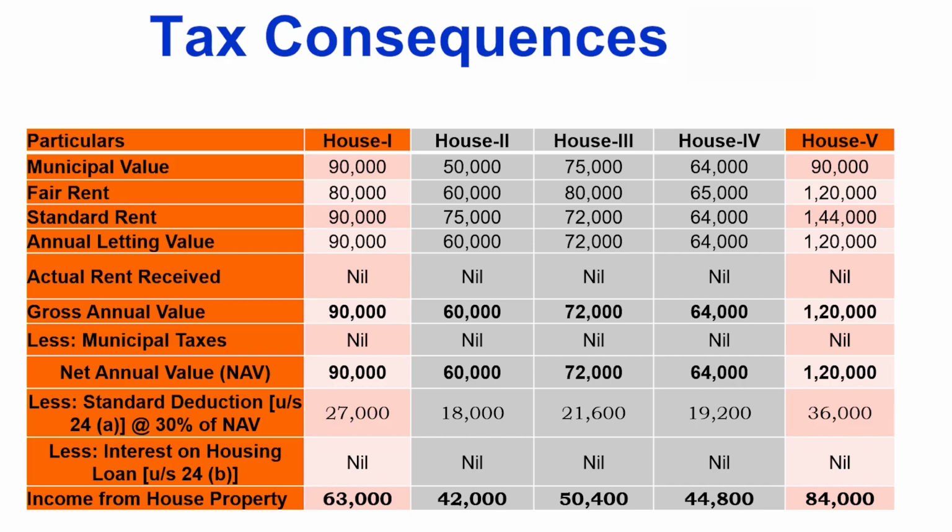So finally we got income from house property for house 1 63,000, house 2 42,000, house 3 50,400, house 4 44,800, and house 5 84,000.